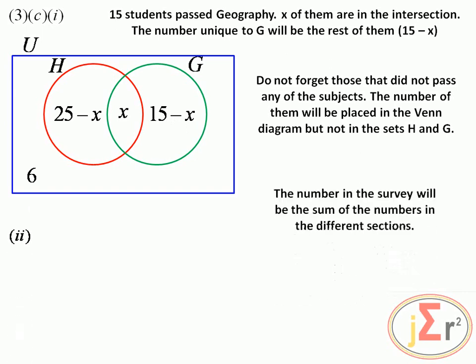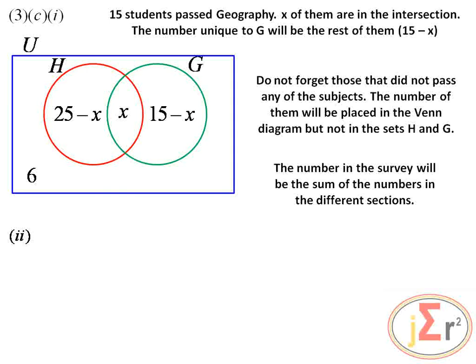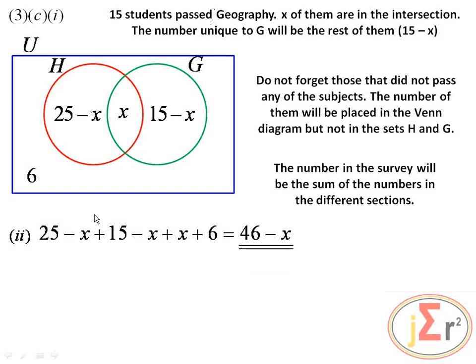What do we do next? Write the expression that represents the total number of students in the entire survey, and that will be done by adding all of these, including the 6, of course. So we have 25 minus x, we have 15 minus x, we have the x, and we have the 6.